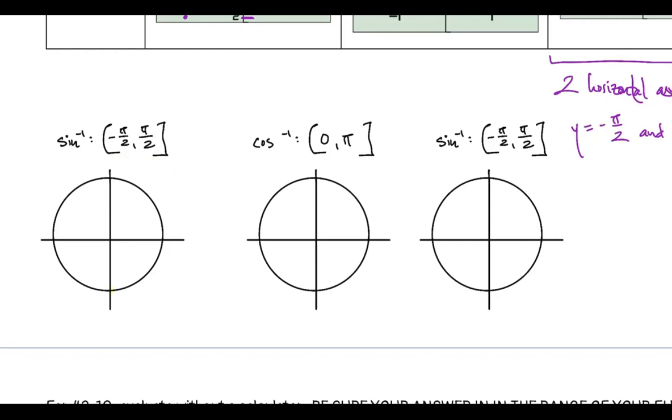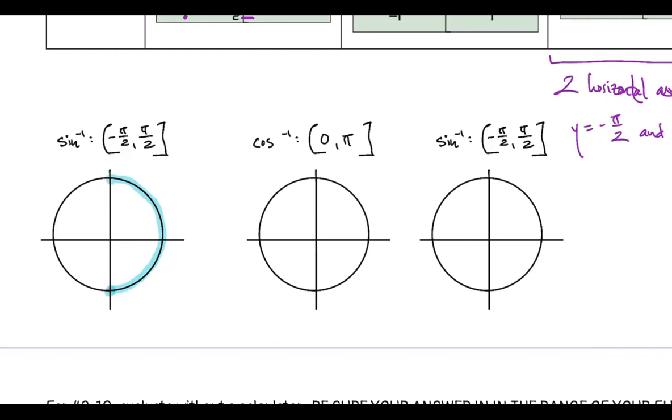I'm going to start down here where this blue is, and I would go all the way until I stop at pi over 2. So in other words, I'm really choosing from the right-hand side of the unit circle, okay?